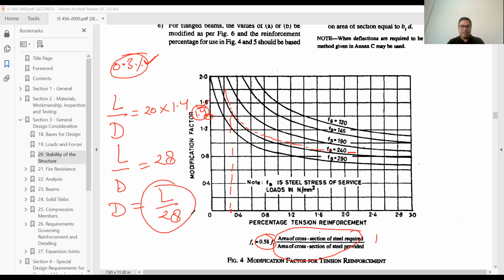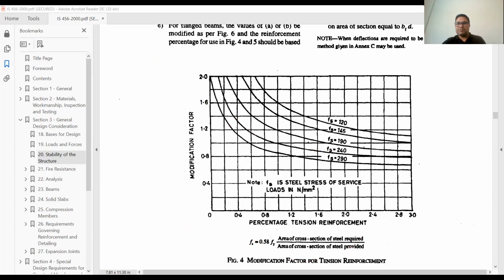Generally, as a thumb rule for initial estimation, we take L by 25. Similarly, for a continuous slab, we take L by 30. So that is the relation of thickness with the deflection.